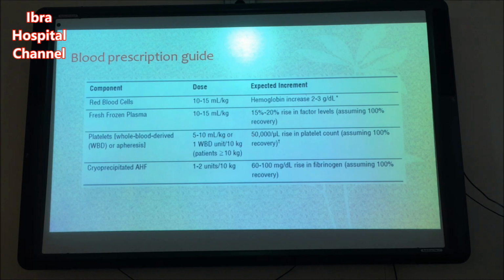This is because in the West they use pooled platelets, so they use slightly lower dosing regimens. For cryoprecipitate, it's 1 to 2 units per 10 kg of the weight of the baby. So this is a quick guide on how you calculate the dose for blood transfusion in children.